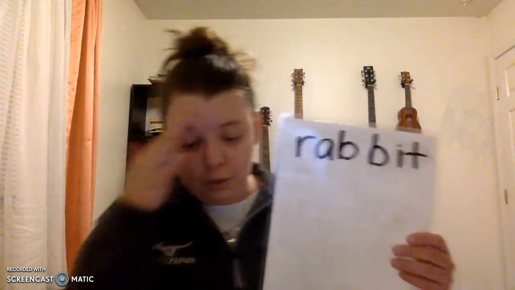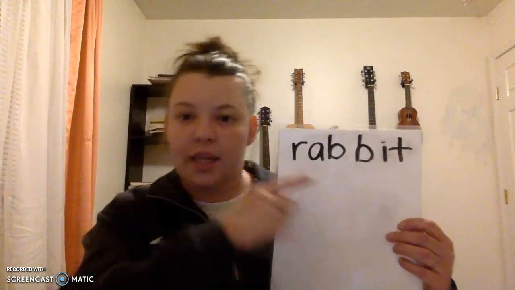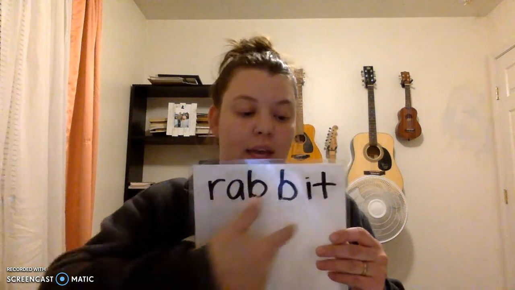And the word that we're going to start with is rabbit, okay? Rabbit. So when we're looking at this, where are the vowels in this word? That's right, the A and the I, right?